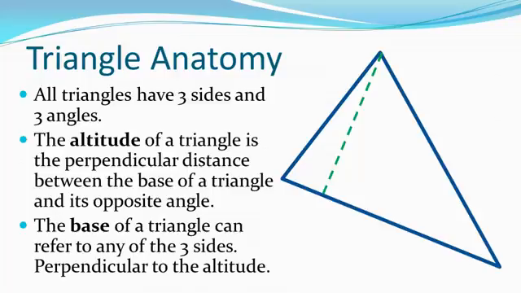In this case, the base is the side that is 90 degrees to the altitude, or perpendicular to the altitude. Be careful, the base is not always the side that's on the bottom of the diagram. Generally, when we talk about the height of a triangle, when we talk about the formula for area, we're looking at the altitude of the triangle, not just the height.